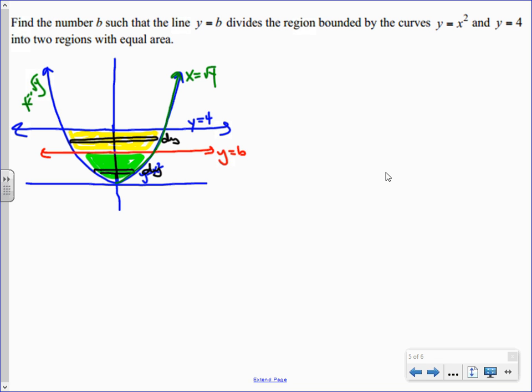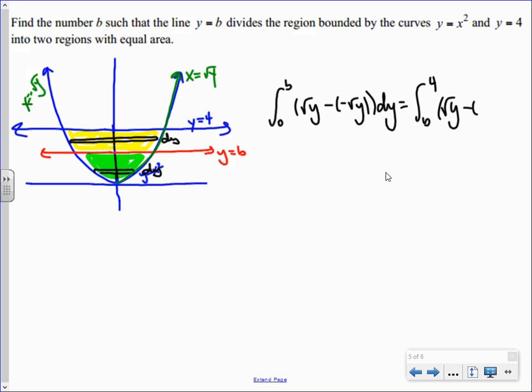So, what Jackson is saying is we can take the integral from 0 to b, our height is 0 to b, of right minus left, radical y minus negative radical y, dy, equals the integral from b to 4 of right minus left. So we have this integral from 0 to b equals the integral from b to 4.